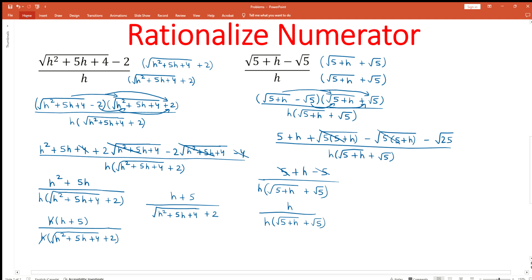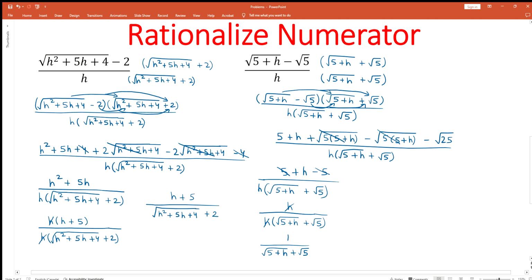Next, we can cancel out the h's. This should be the final answer for the second given expression. We have rationalized the numerator.